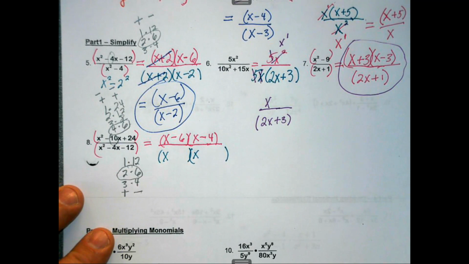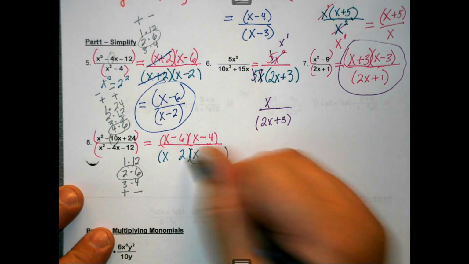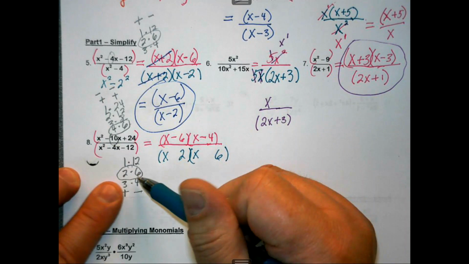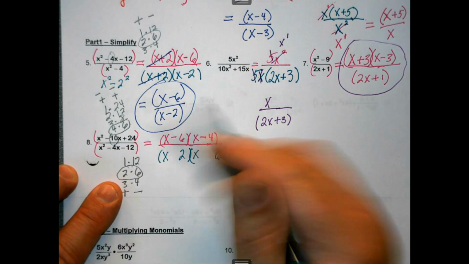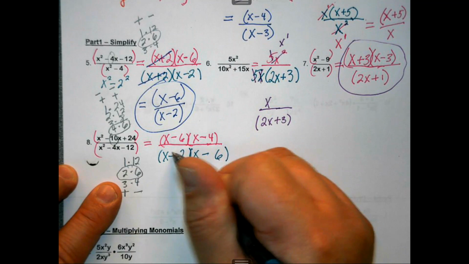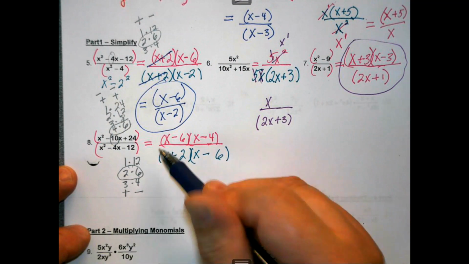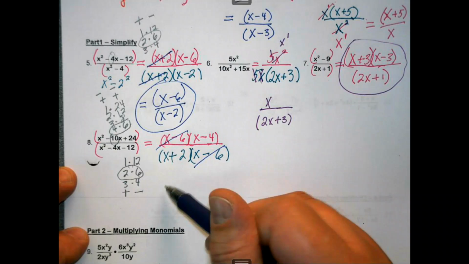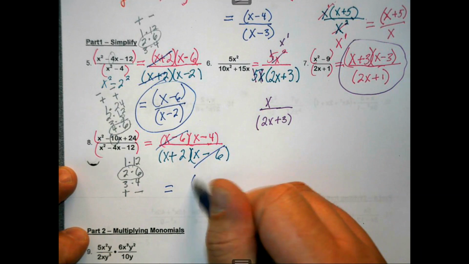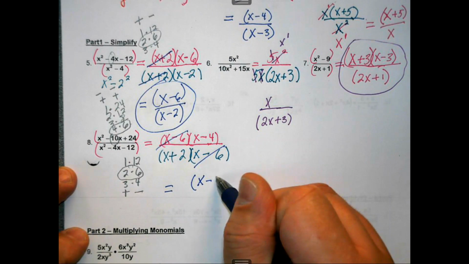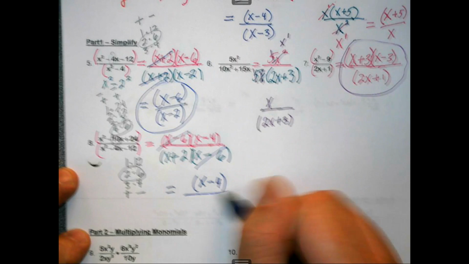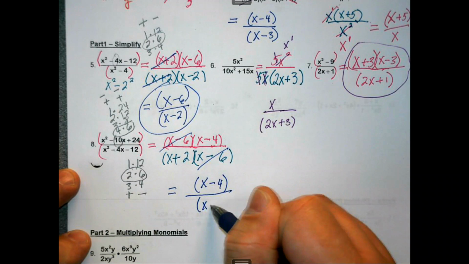So 2 and 6. We want the larger one to be negative because we want a negative 4. Look at that, we can cancel out. And I'm left with the quantity x minus 4 over the quantity x plus 2.